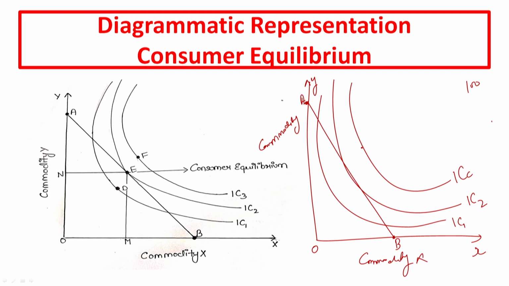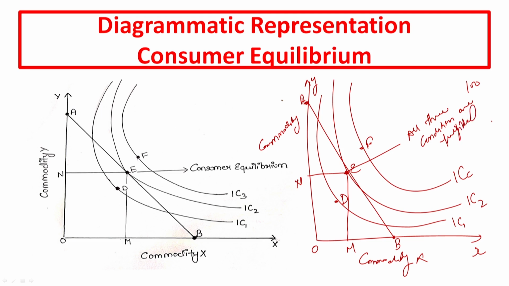This is point F, this is point E and this is point D. Consumer is in equilibrium at this point where the consumer is consuming ON quantity of Y and OM quantity of X. At point E, all the 3 conditions are fulfilled.